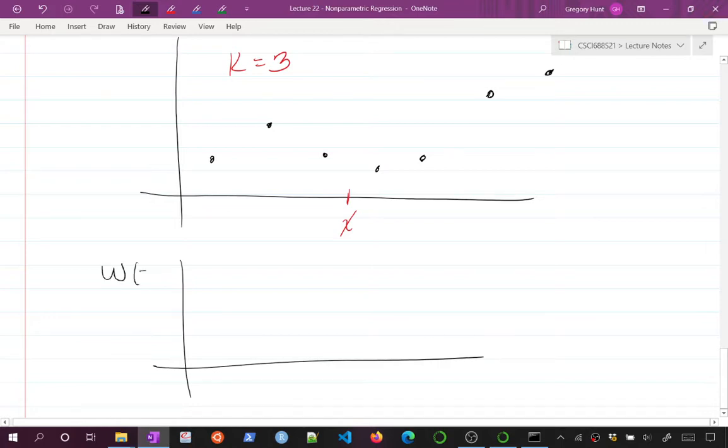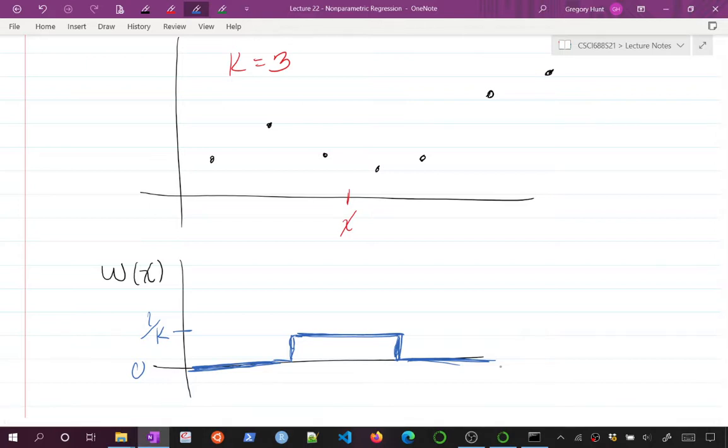So let's say w of x. My weight function is either going to be 1 over k or 0. For these first 2 points, it's going to look something like this. It's going to be 0 up until I get to the points in my neighborhood, and then it's going to drop back down. You can visualize it kind of like this, like an interpolation of the weight function. So you can see it weights everything in the neighborhood at the constant value and everything outside of that neighborhood at 0.